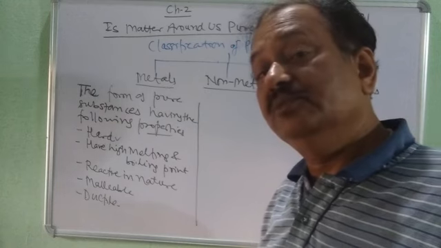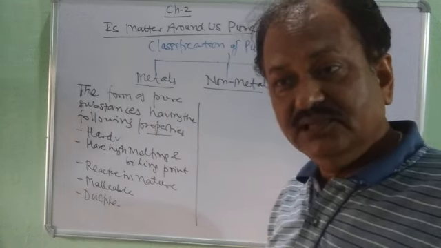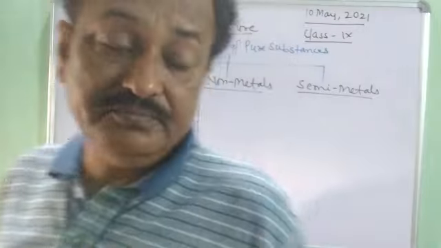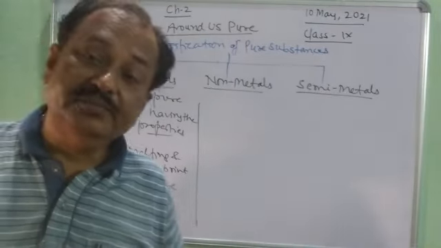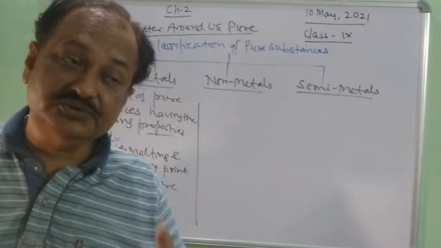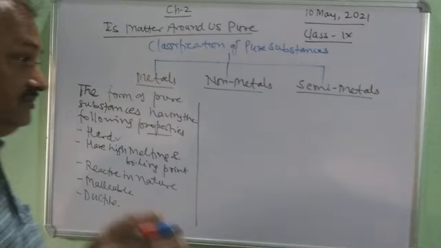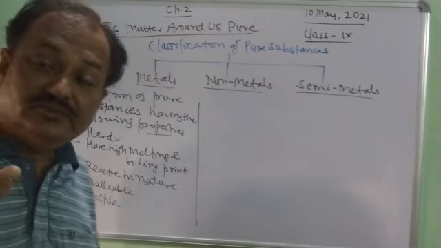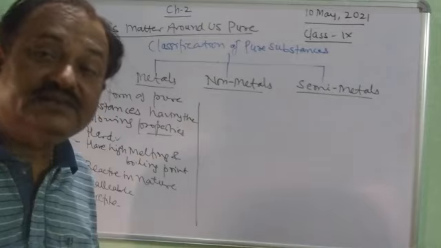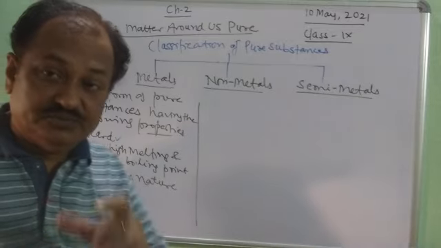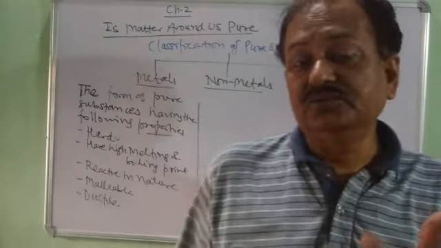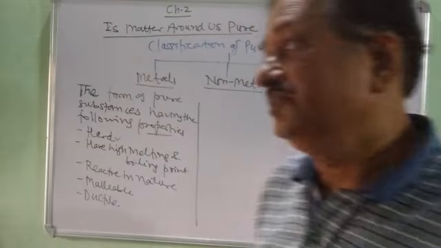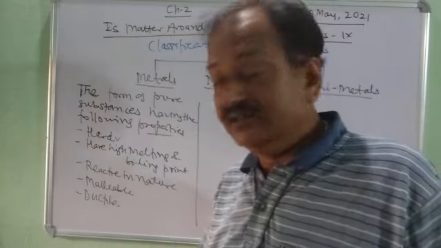Why? Because metals are very hard. Like, for small kids, the toys are made of plastic because kids are very soft and so they might get hurt. So, as a result, for small babies, the toys are made up of soft plastic, rubber, etc.